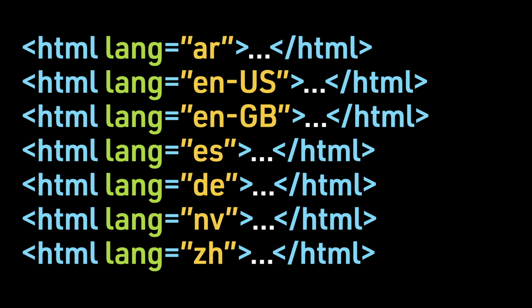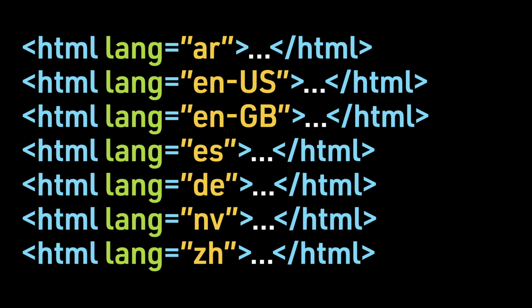HTML lang equals es in quotation marks, HTML closing tag. HTML lang equals de in quotation marks, HTML closing tag. HTML opening tag, lang equals nv in quotation marks, HTML closing tag. HTML opening tag, lang equals zh in quotation marks, HTML closing tag.